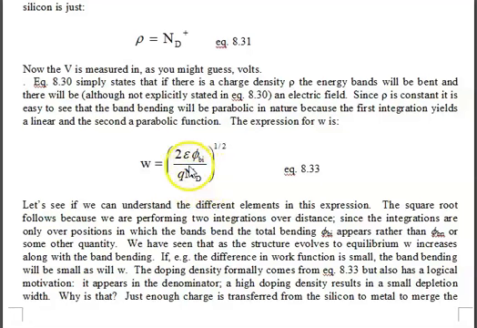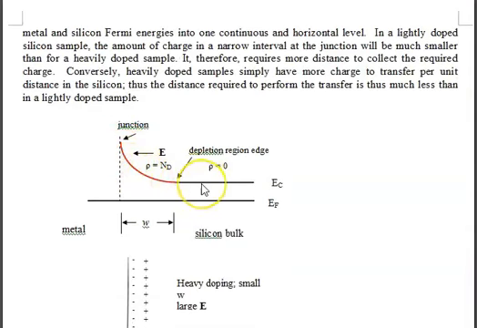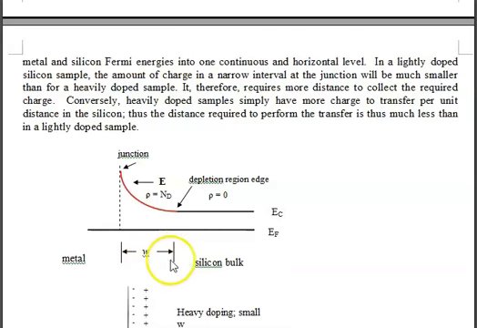So let's start with the band bending. It makes sense that the bigger the band bending, the greater will be the depletion width. A little bit of band bending, for example, the band bending stops here, and then it becomes horizontal. We would have a small W. With lots of band bending, the depletion width will be much larger.